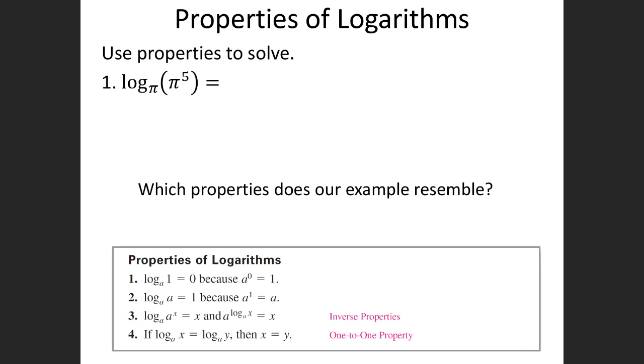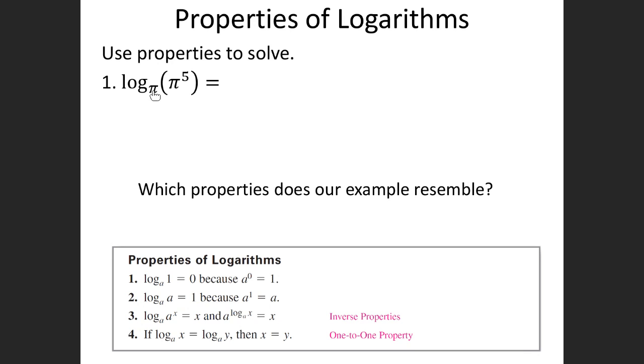We have a log to a base pi, with an input pi to an exponent 5. Do you see any of these properties that we can use to solve for this? Hopefully you see the first one here. Number 2 says that I have a log of some base a and I'm putting a into it, okay? So I have that going on.